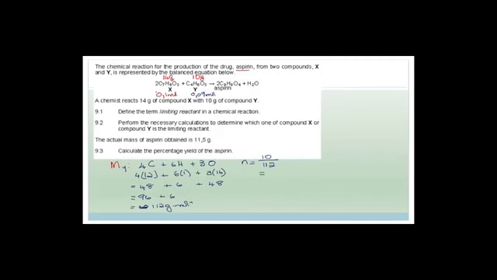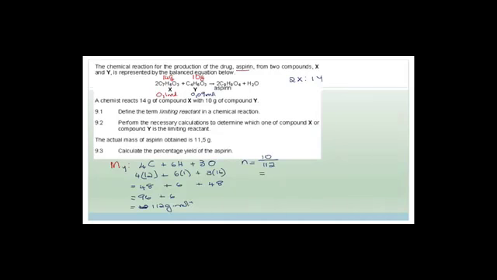Okay, so now let's have a look at this. The ratio is 2 of X needs 1 of Y. In other words, if I've got 1 mole of Y, I need double the amount of X. Okay, do you agree?